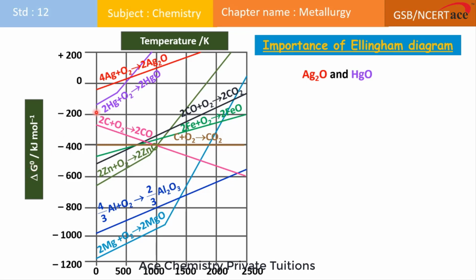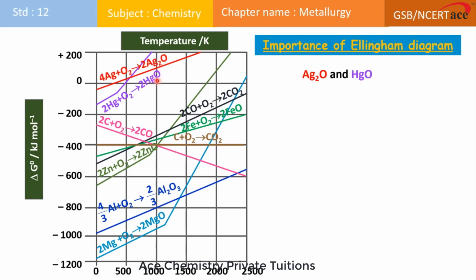So delta G naught is positive for this formation. It clearly indicates silver and mercury is less reactive, means their oxidation is what? Slow process. So if their oxidation is slow process, means they do not want to combine oxygen easily, means they want to leave their oxygen easily.